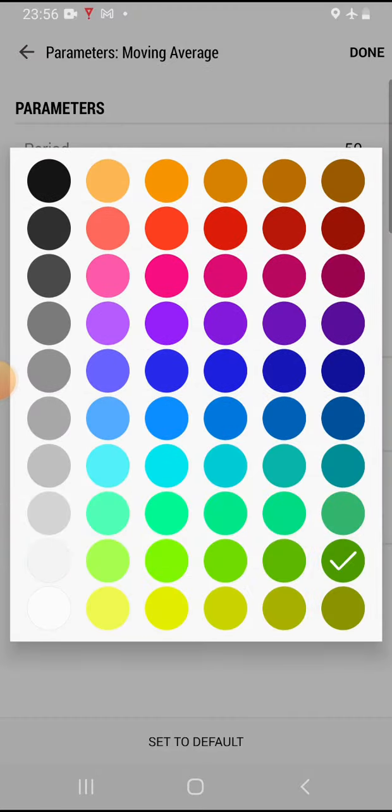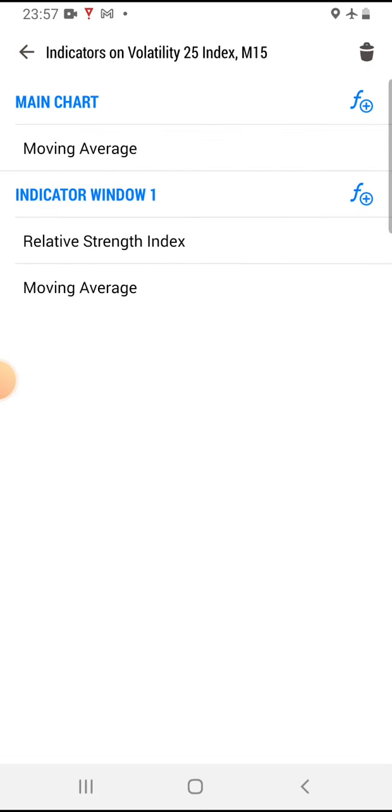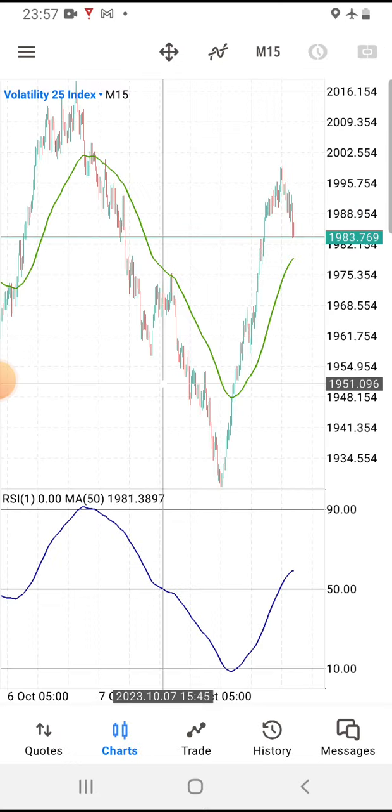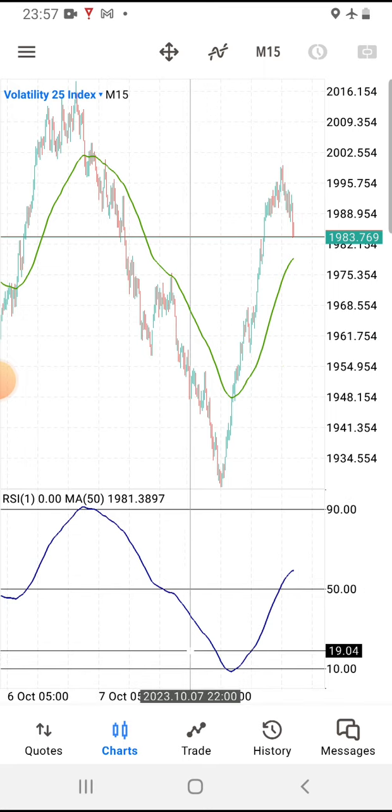I'm going to change it to blue, and like I said, everything else remains the same. The shift is 0. The method is exponential. Apply to close, and you can allow it to appear on all time frames. Then if we click done and go back to our charts, we see that we now have this blue moving average running across the charts.